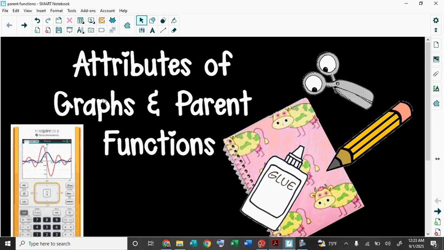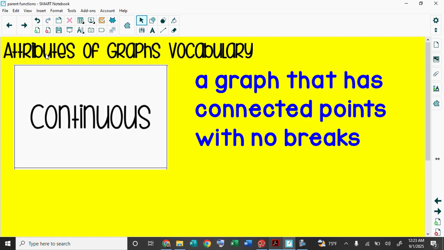Right, attributes of graphs and parent functions. And so, attributes is just a description of what's going on. Continuous means a graph that has connected points with no breaks. So you're going to open up this tab and write a graph that has connected points with no breaks.